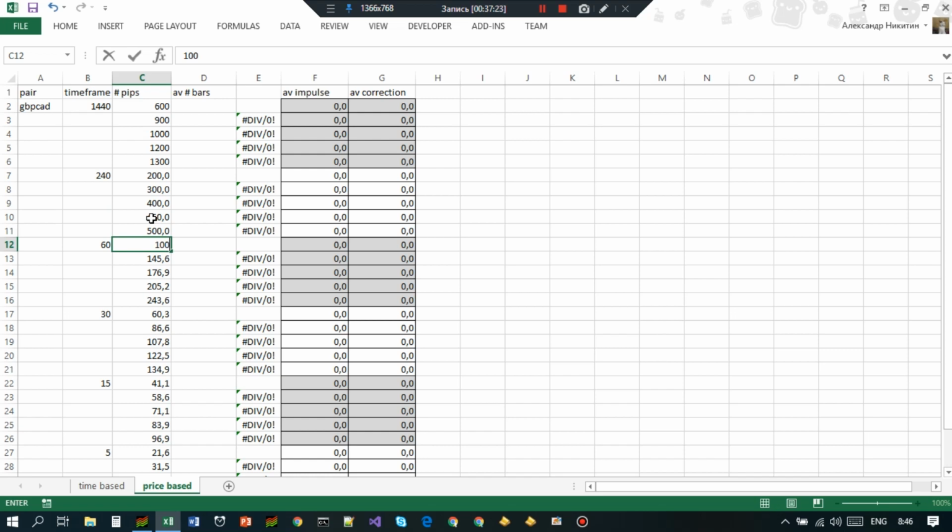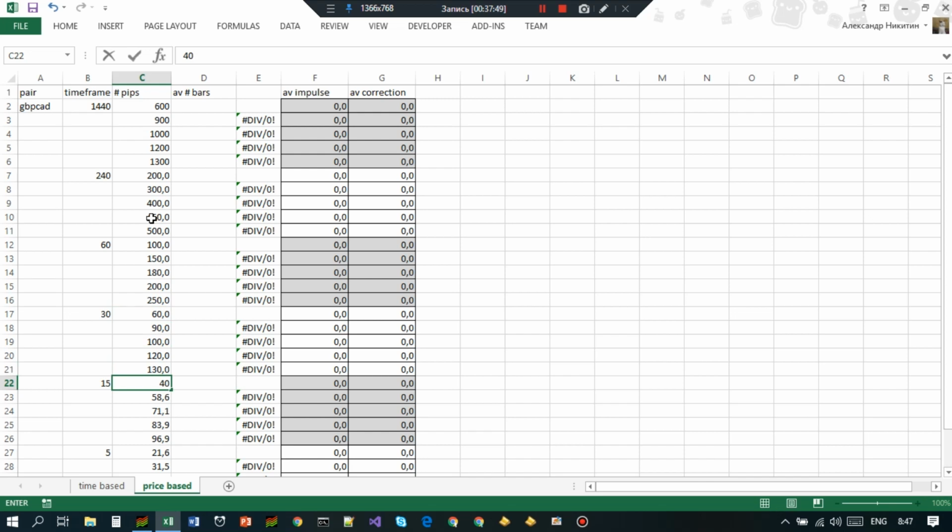This one is 100 pips, 150, this one 180, this is 200, and this is 250. This one is 60 pips, this one is 90 pips, this one is 100 pips, this one is 120 pips, and this one is 130.